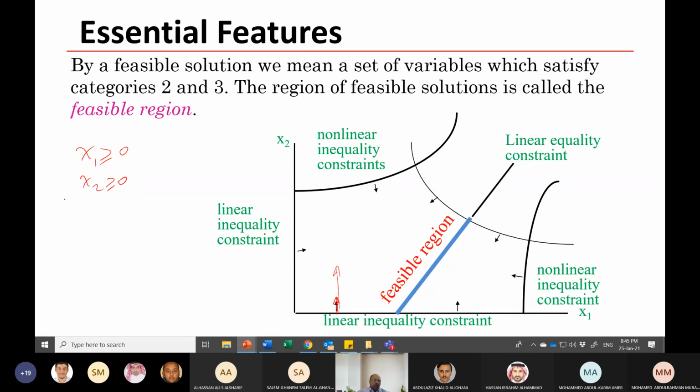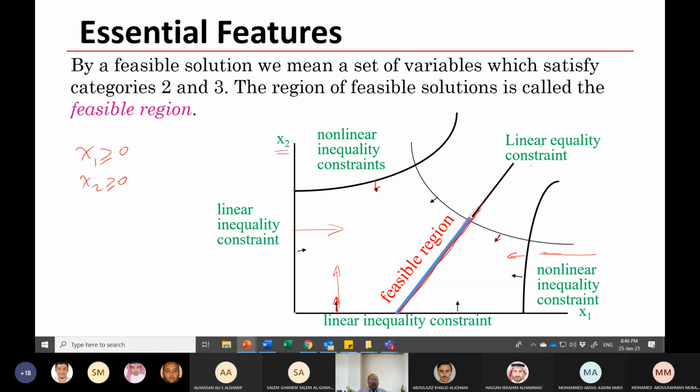So we are in this region, and x2 also must be greater than 0. You can see this is the unfeasible region for this constraint, and this is the feasible side of this constraint. All these constraints, and this is also a linear constraint, represented by a straight line. This is the equality constraint.